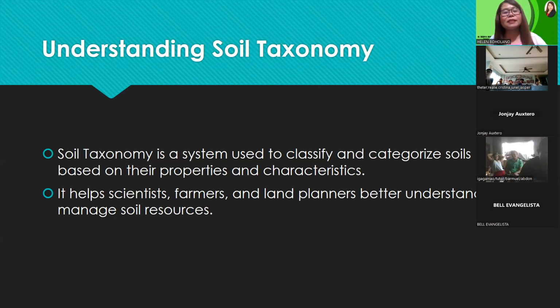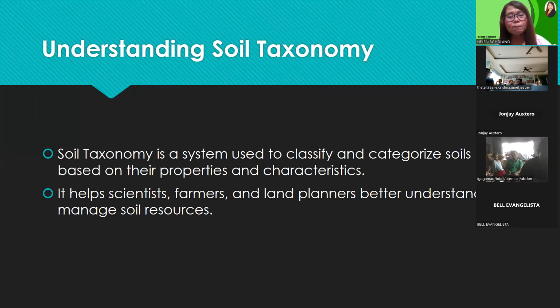Soil taxonomy is a system used to classify and categorize soils based on their properties and characteristics. It helps scientists, farmers, and land planners better understand and manage soil resources.